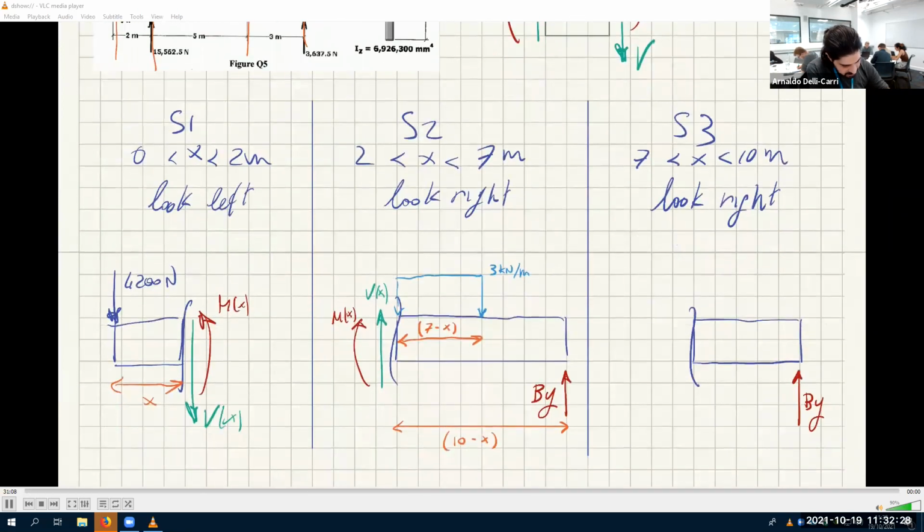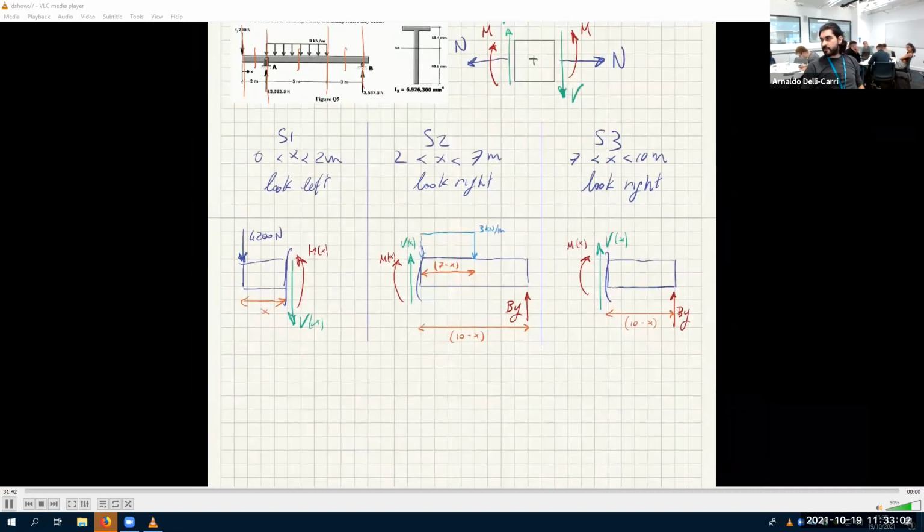And so what's the length? 10 minus x. Always 10 minus x. It's now that x is larger, that's why it's shorter. And we still have the same bending moment and shear force as per convention. Agreed? These are the 3 free body diagrams.